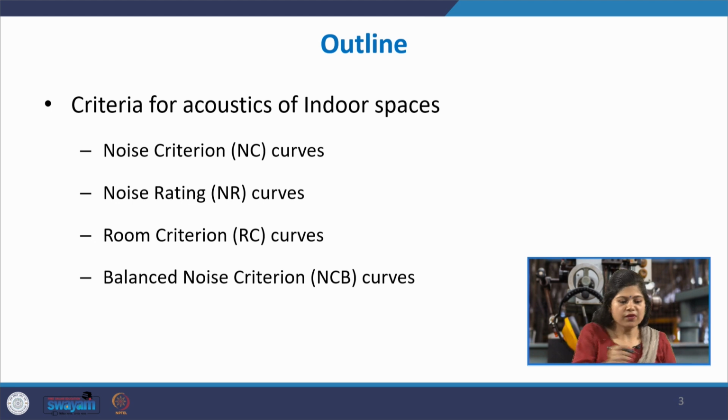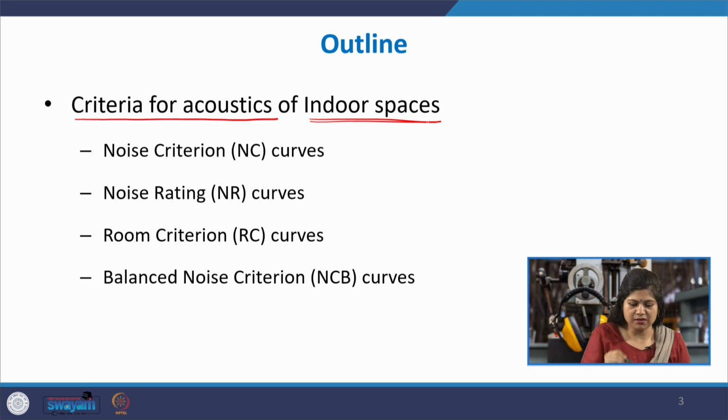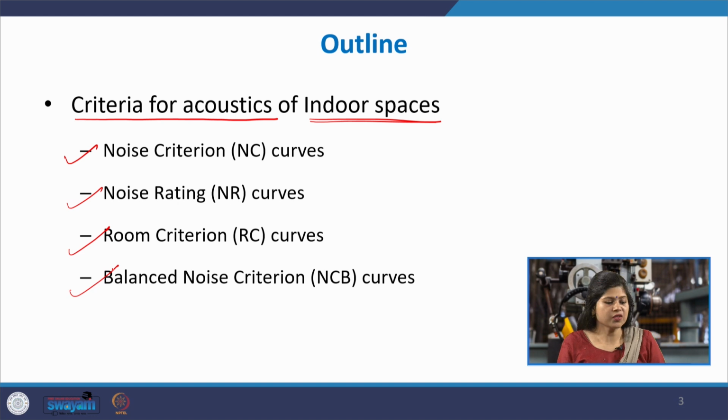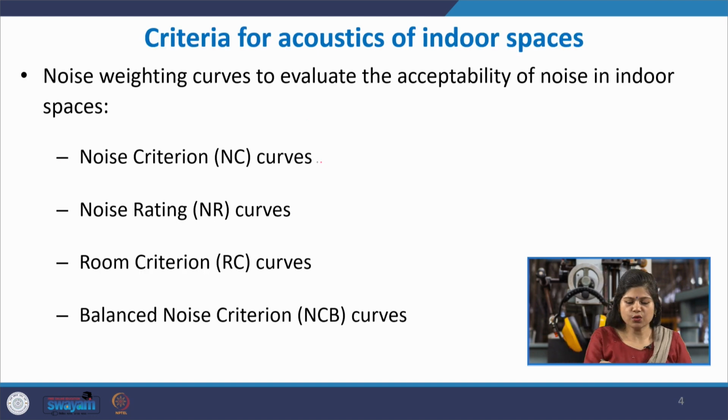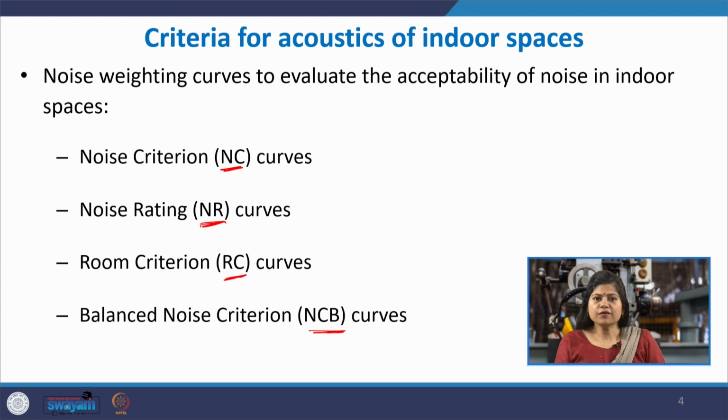That is why we have these various criteria for acoustics of indoor spaces, specified in terms of the noise criterion curve, noise rating curve, room criterion curve, and the balanced noise criterion curves, which we are studying today. We also call them the NC curves, NR curves, RC curves, and NCB curves.